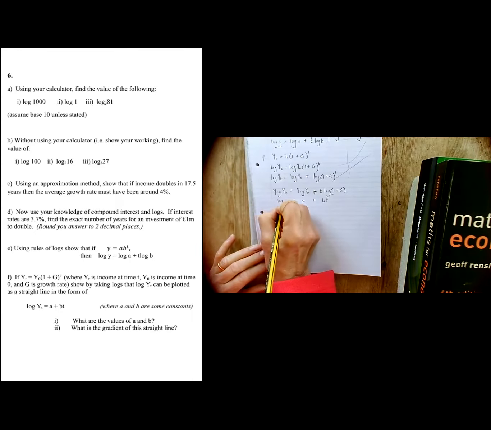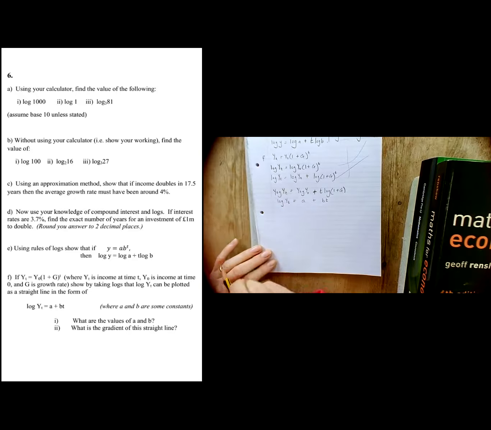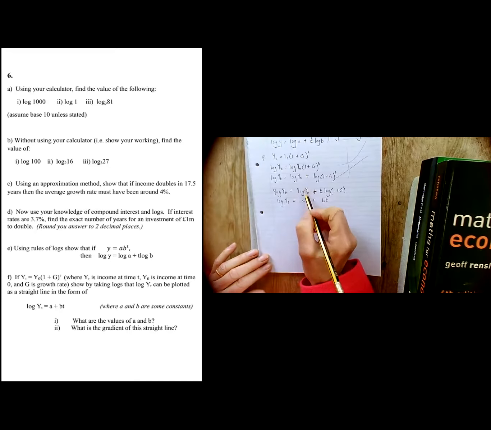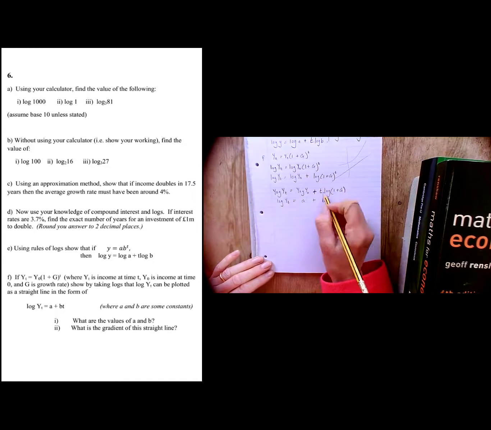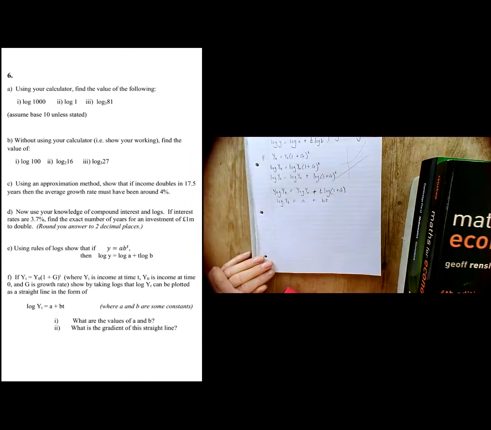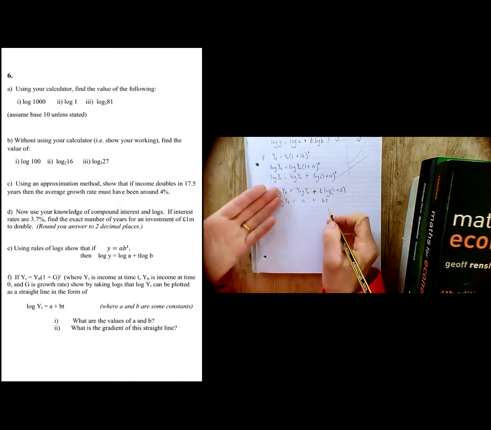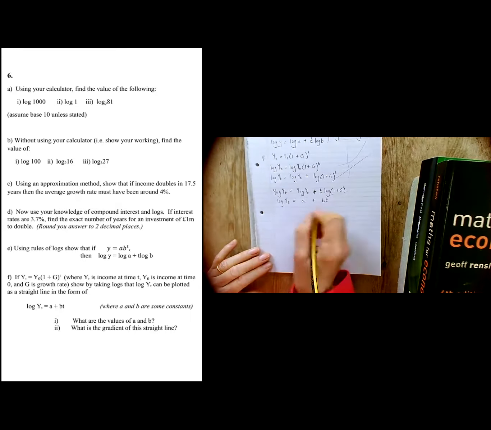Log y_t. We can see that log y_0 is the a equivalent here, and we can see that b is really log (1 plus g). So we're just seeing that it fits the general form of a straight line.